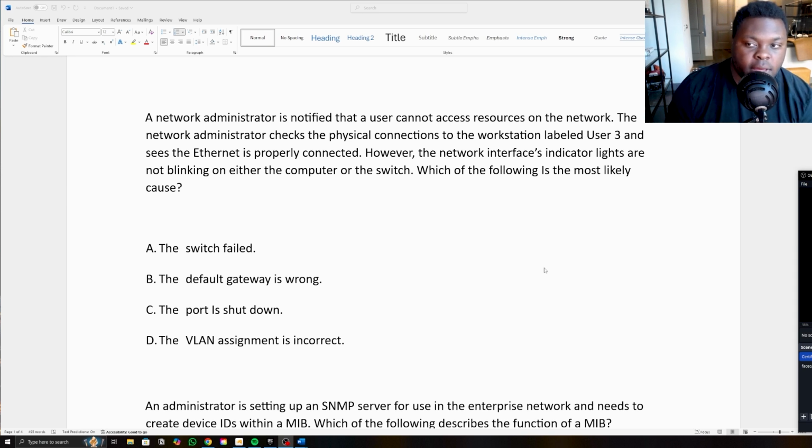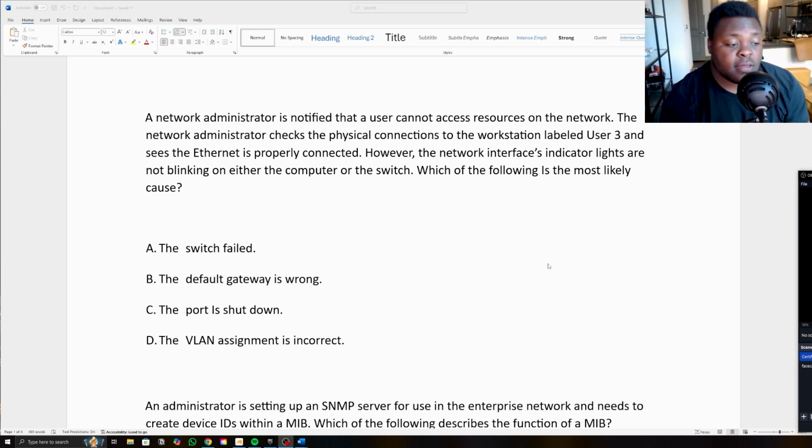The default gateway is wrong. This could be a possible issue, but I believe the issue lies with the network interface and the fact that none of the indicator lights are blinking to show connection or that there is an outage in connection.